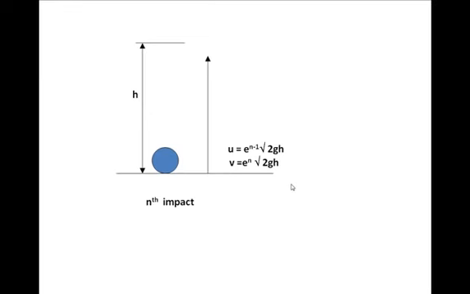After the 18th impact, the bouncing velocity can easily be found by this formula. Put here the initial value of h and put here the nth impact, 18th, 17th, whatever, and this will give you the bouncing velocity. So this is a very handy result.